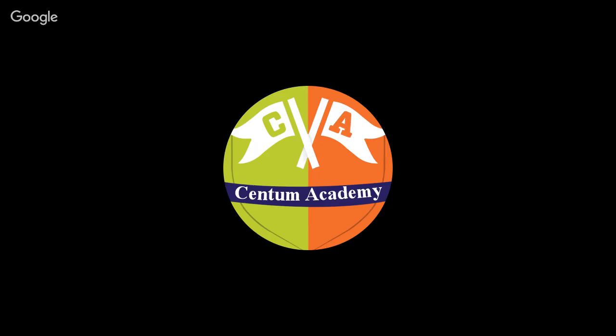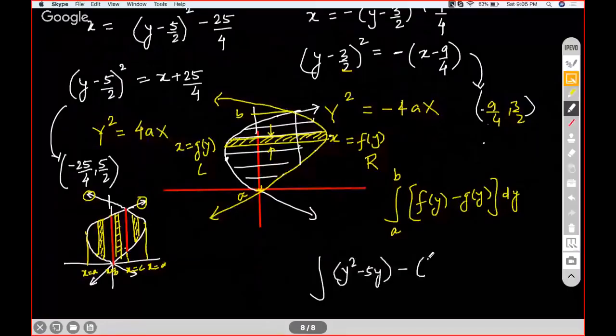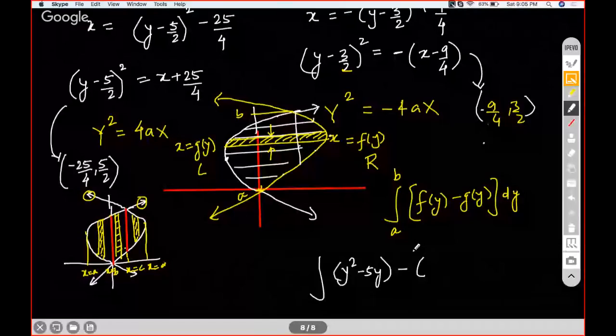Minus the left curve, 3y minus y square. The right curve is the one which is opening leftwards, so it has to be 3y minus y square.